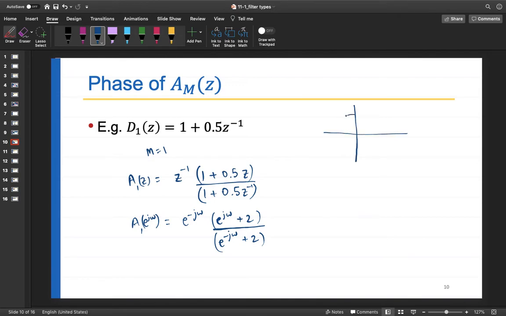So on the unit circle, basically I have got... I won't discuss in terms of poles or zeros. I will just say, let us think of this point.